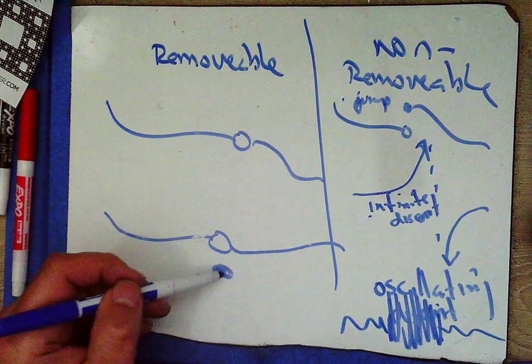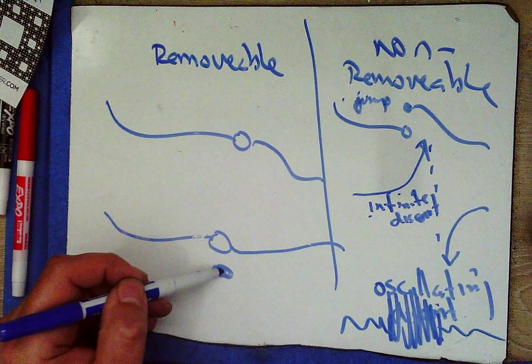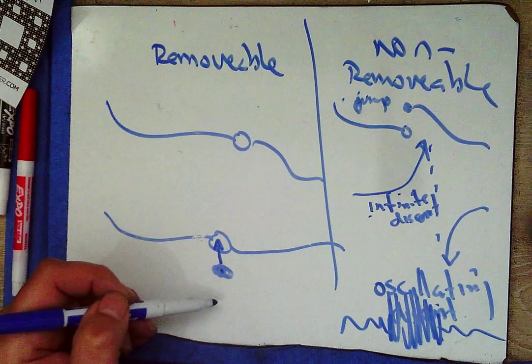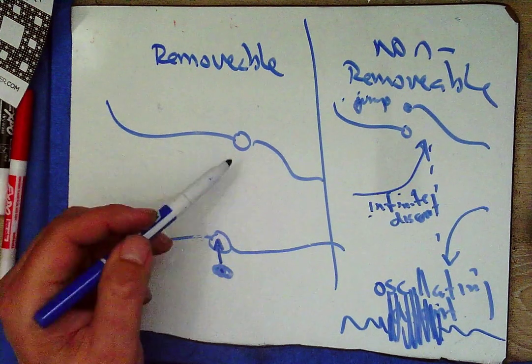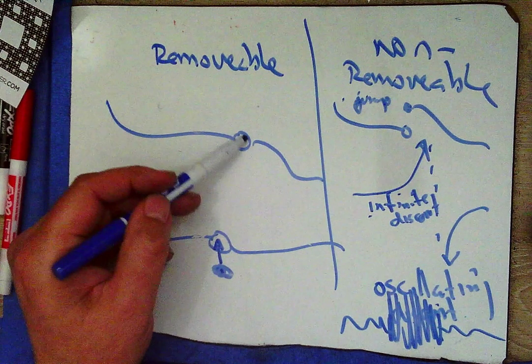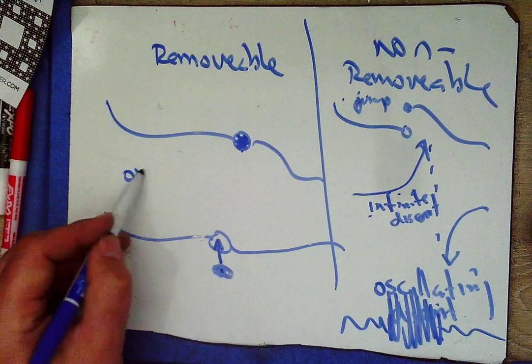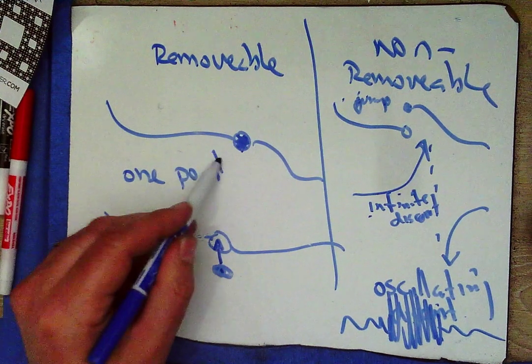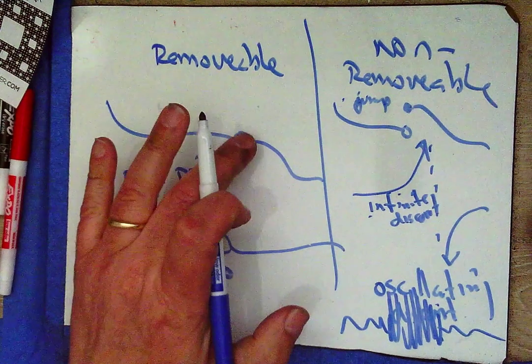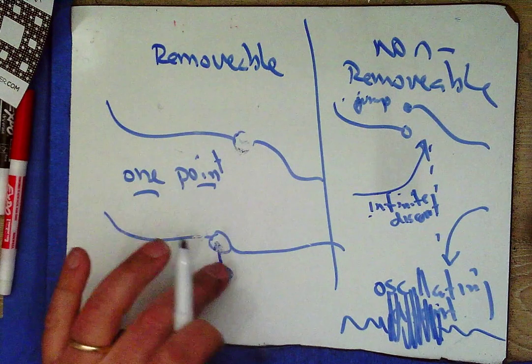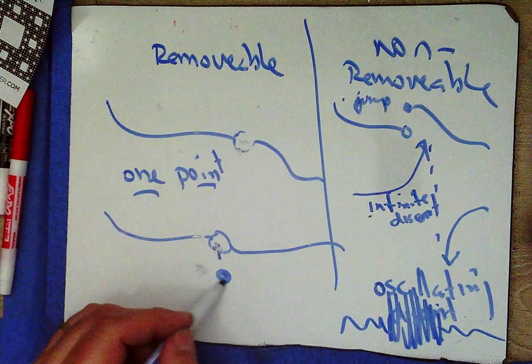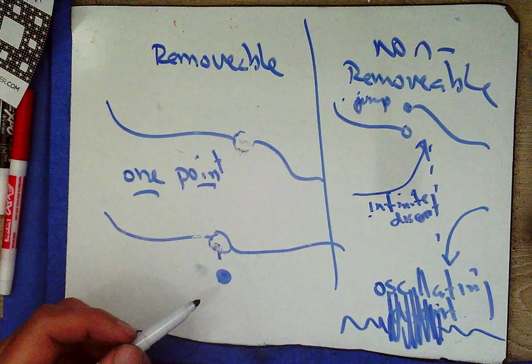So with this function, I just have to redefine this point so it goes there. Or with this function, I just have to actually define a point so it fills that in. In either case, one point needs to be addressed. I'm only changing or adding one single point.